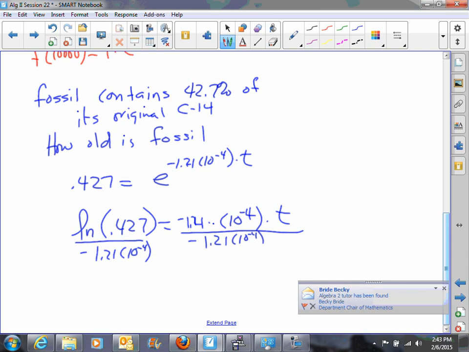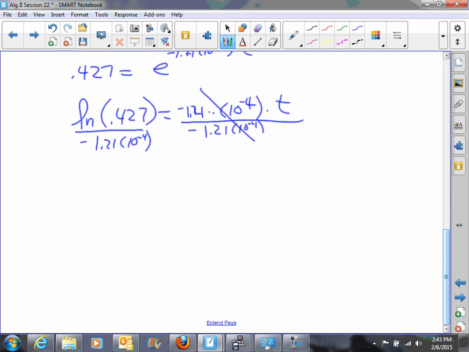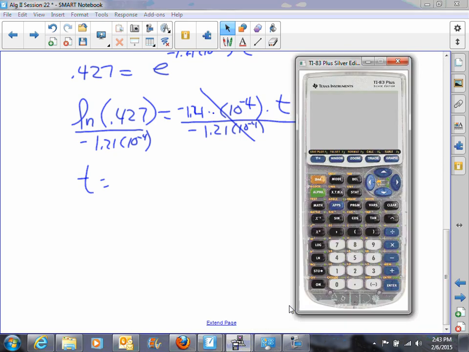Okay. Now, we'll cross this out. And so what we have is t is equal to this value. Now, we can do that on the calculator. And since we haven't messed with the constant, we still have, well, actually, we have 1.21, etc., times 10 to the negative 4.